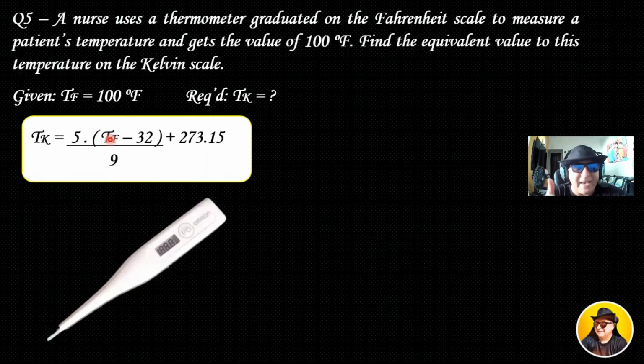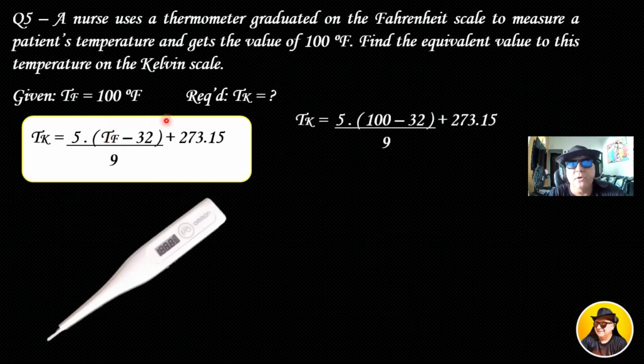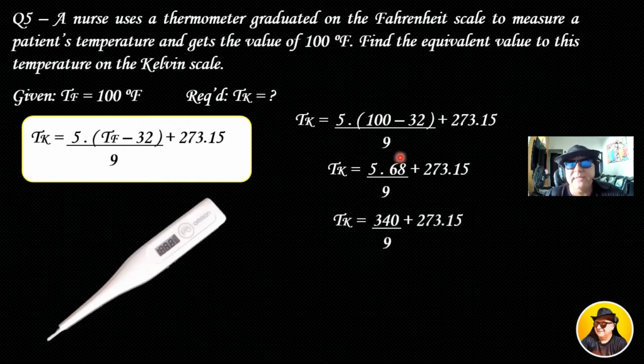So let's replace this value here beside. So you can see TF is here, 100. All right, let's see. We have that 100 minus 32 is 68. Okay, so now let's multiply these values. Okay, so 5 times 68 is 340.